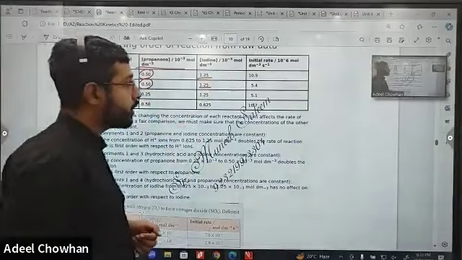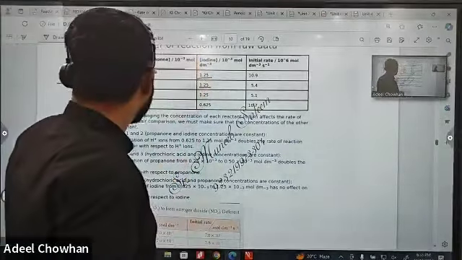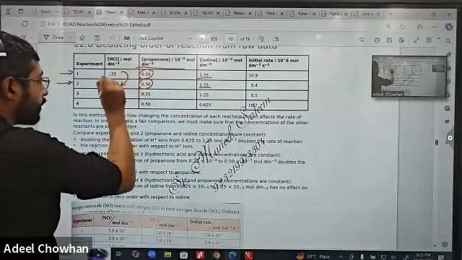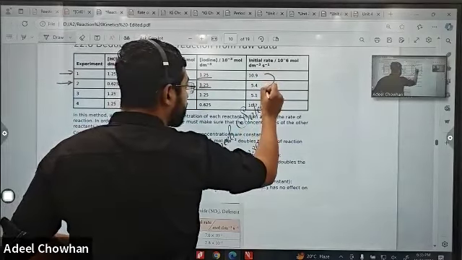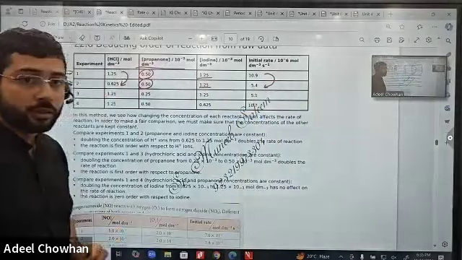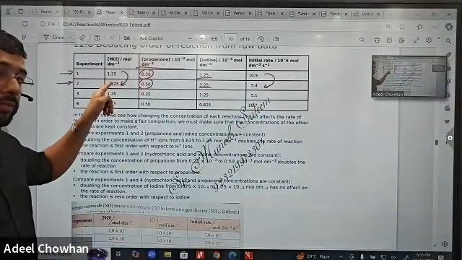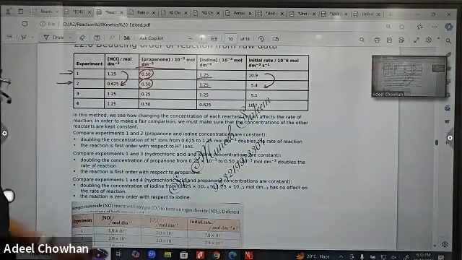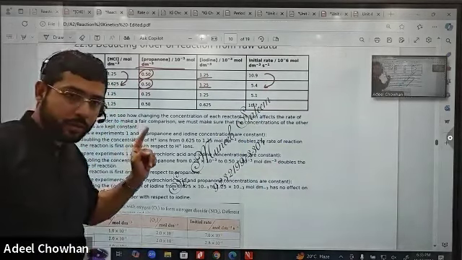To find out the change, we have to see what is happening from experiment 1 to experiment 2 in the case of the rate. Is it increasing or decreasing? No, the concentration. The concentration is decreasing.